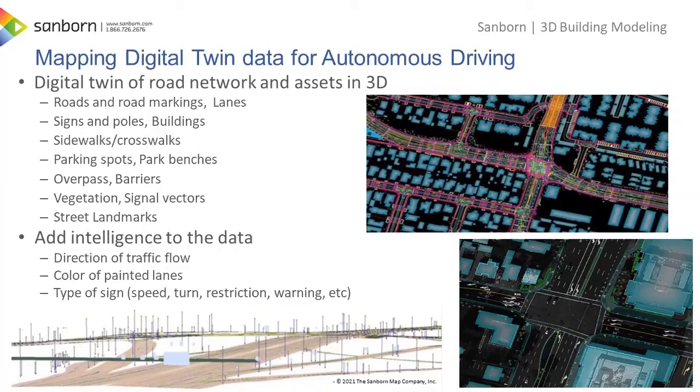But in addition to having sensors and whatnot on the car, you really need to provide a digital twin of your road networks and your signs and sidewalks, and have real-time video feeds of what's going on for traffic, especially in areas of construction and whatnot.